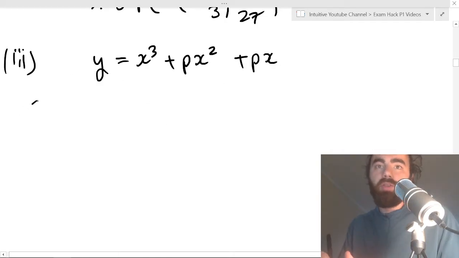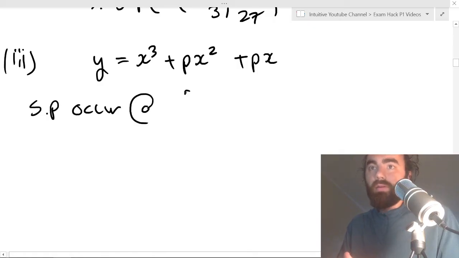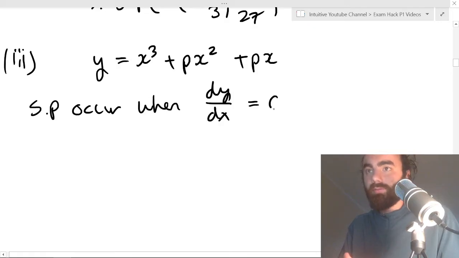Well, we know that stationary points occur when dy by dx equals 0.